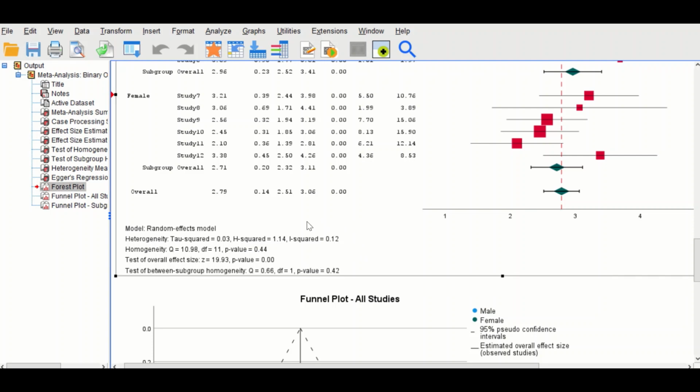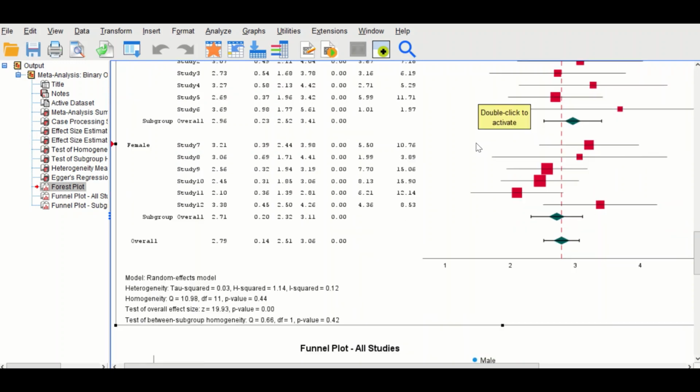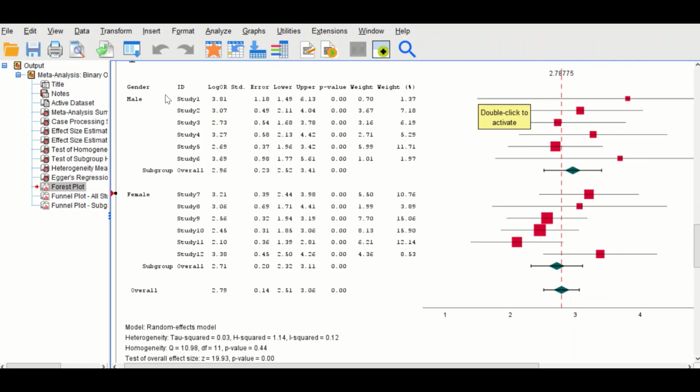As shown here, the I squared is given to be 0.12, and the p-value is greater than 0.05. So from this graph, it can be said that there is a difference in the odds ratio between male and females, and the treatment with the drug has a higher success rate compared to the control.